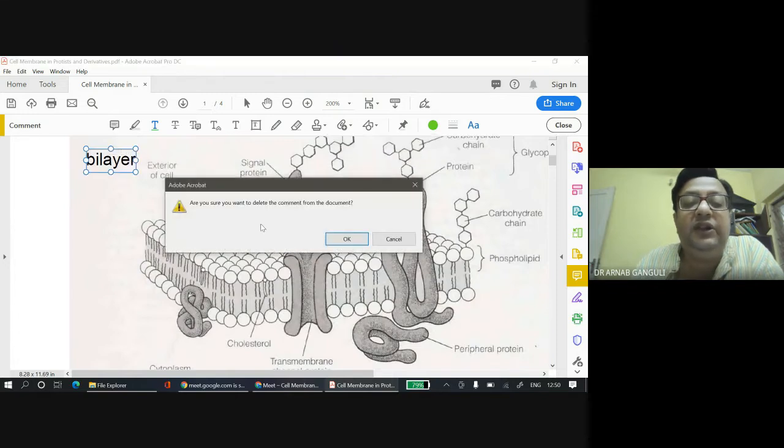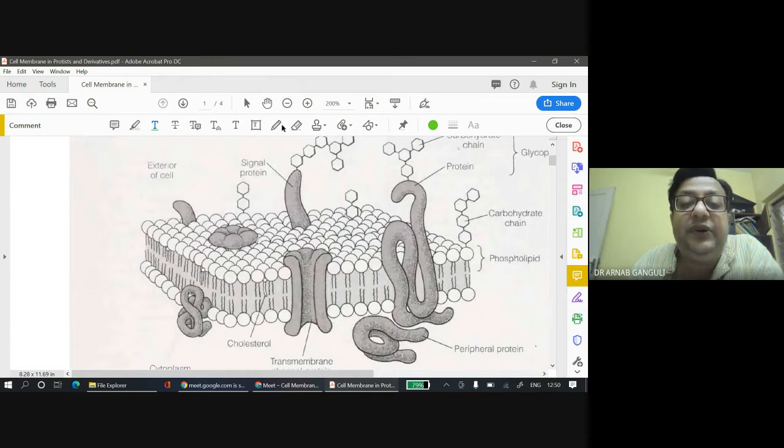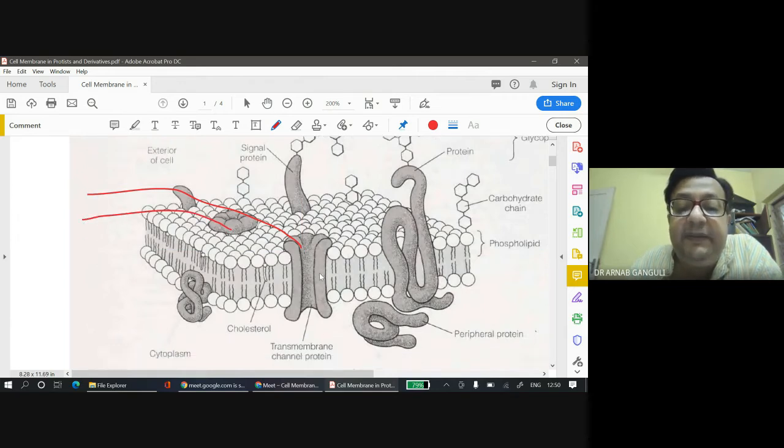So I'm removing all the junk which I've written over there. So these are the proteins here. This is a protein. This is a protein. So this is a transmembrane channel protein.